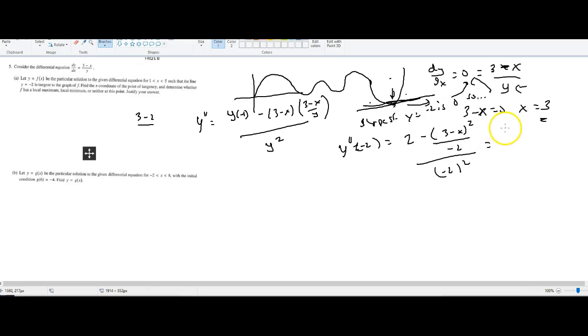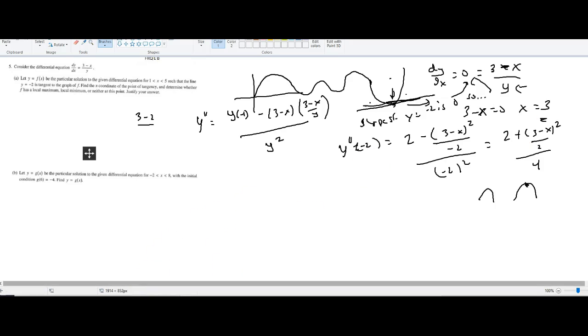So it's going to be 1 plus 3 minus x squared over 2, all over 4. This has to be positive. So since it's positive, this has to be a local maximum, right? Because the second derivative being negative means it's concave down, which makes this a local maximum.